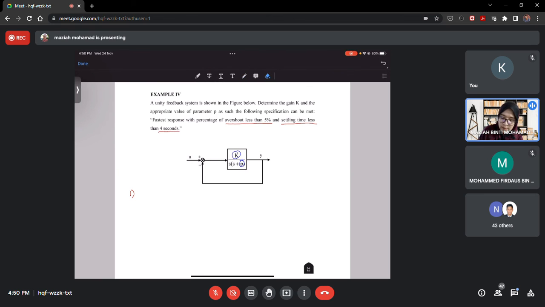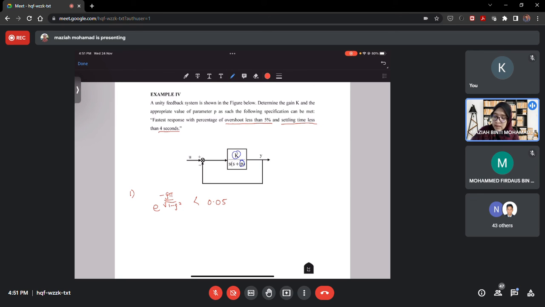So maximum overshoot is exponent negative zeta pi divided by square root 1 minus zeta square will be equal to 0.05, because we cancel the percent there, so divide by 100, so it becomes 0.05. Not equal, should be less, right? So it should be less here.